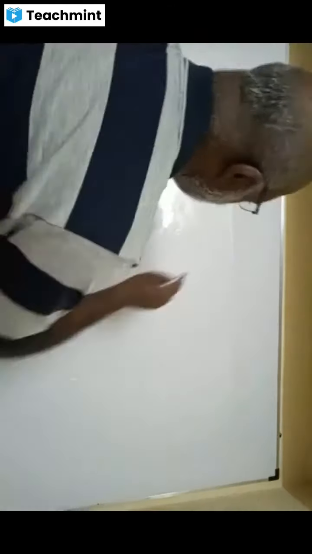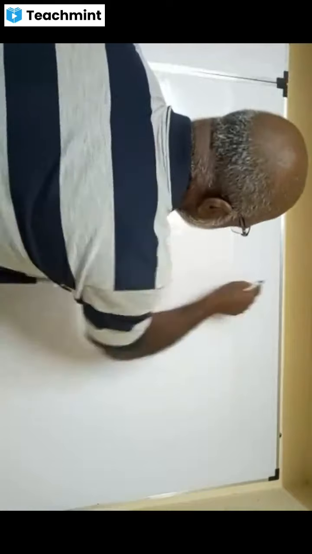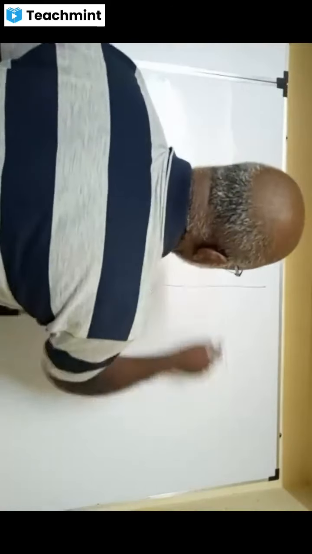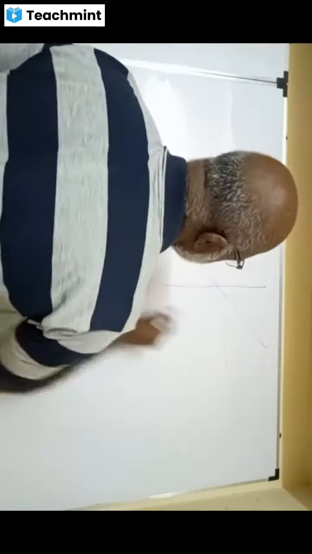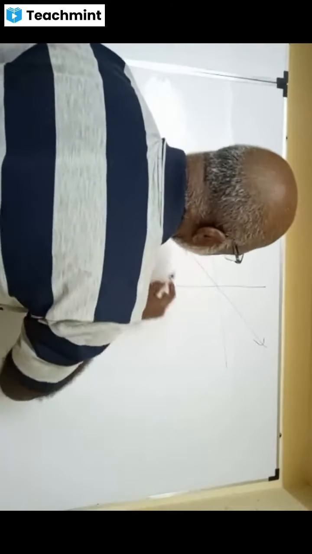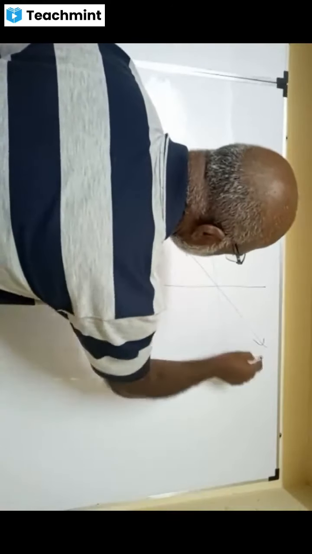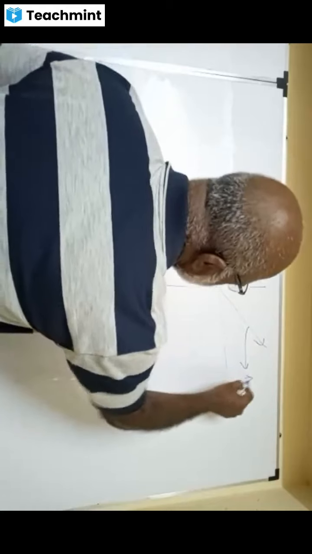See, when I say as x increases, the simple logic is that we take a straight line. This is an increasing function, no doubt. How do you know it is an increasing function?